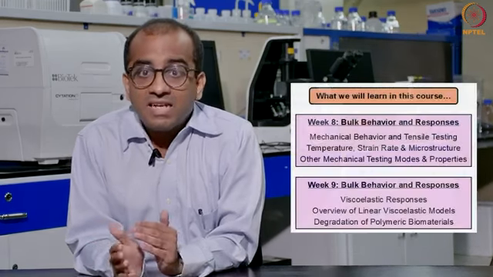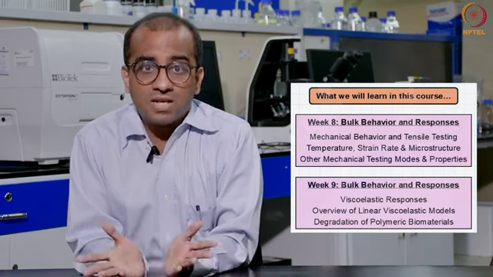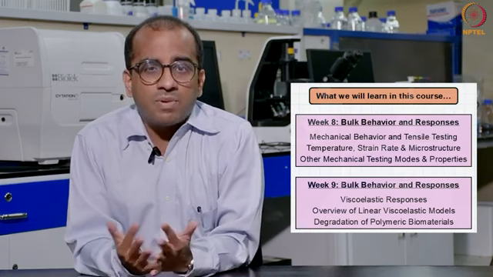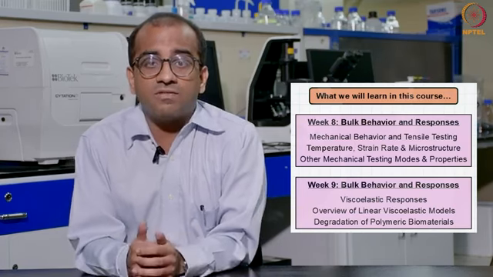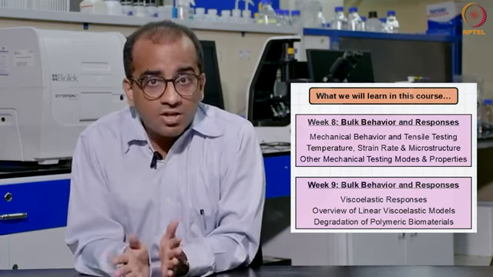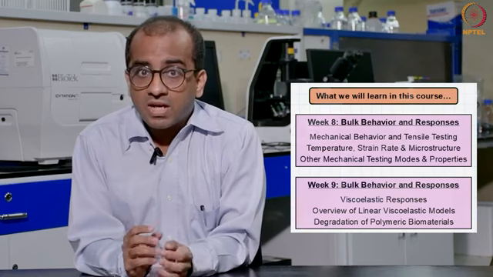Weeks 8 and 9 will look at bulk mechanical properties, mechanical testing, and what properties are important for specific physiological applications. We will also look at concepts related to viscoelasticity. Then week 10 will move to processing, and here we will look at how processing again can affect structure property function relationships. We will also do some demonstrations where our lab has some expertise in that area.